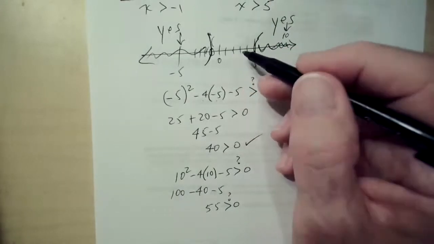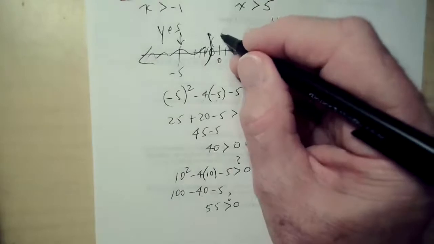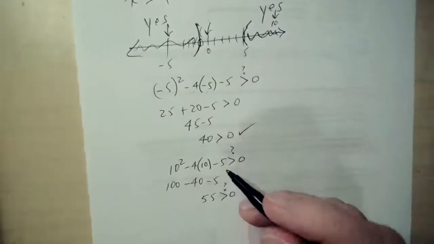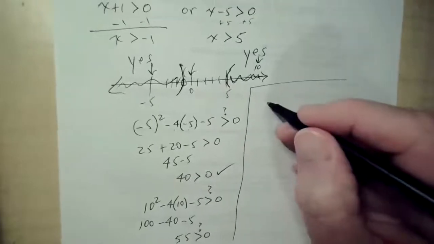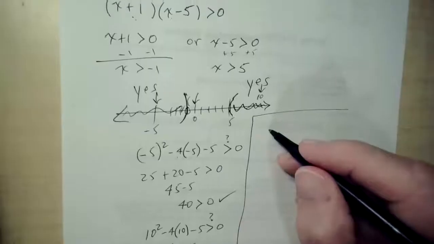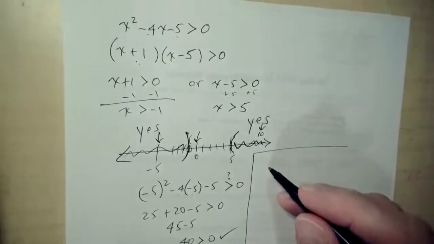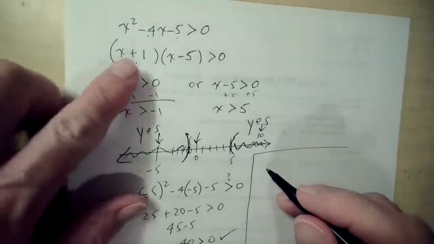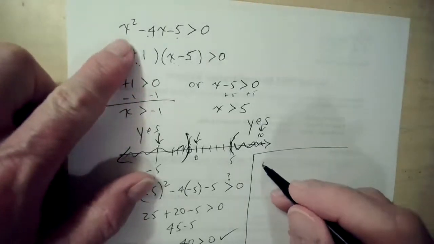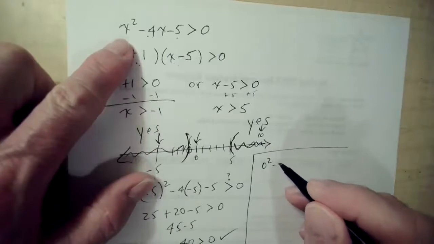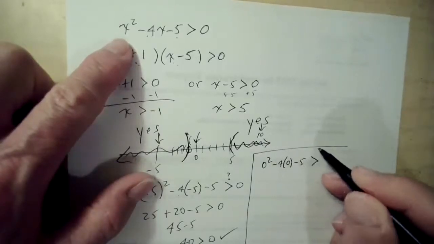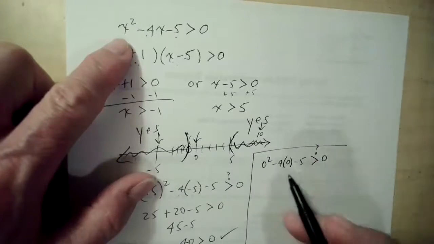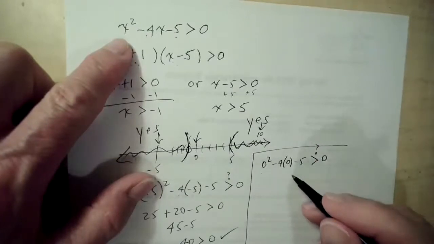Now let's take a number that's not in our area. This should be an extraneous solution. Let's take 0 because it's easy. We have 0 squared minus 4 times 0 minus 5.